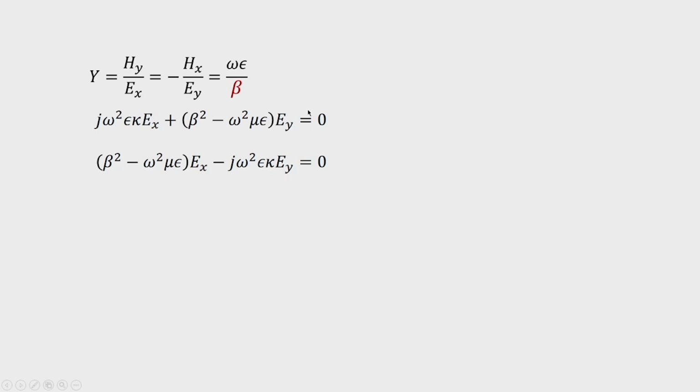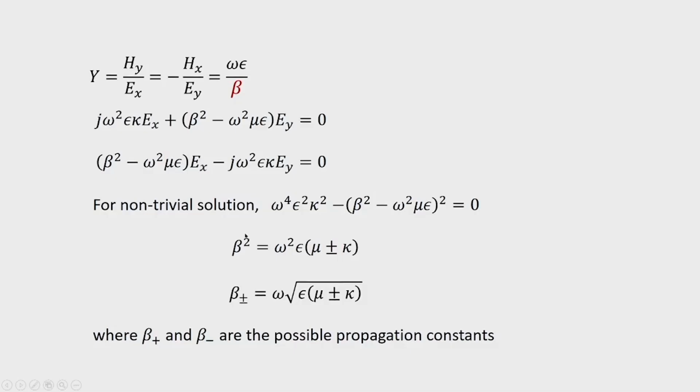Now, for this set of two equations to give a non-trivial solution, the determinant formed by the coefficients of E x and E y has to be 0, and therefore we get omega to the power 4 epsilon squared kappa squared minus beta squared minus omega squared mu epsilon, whole squared, must be equal to 0.